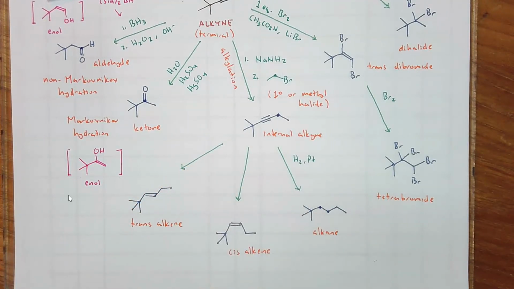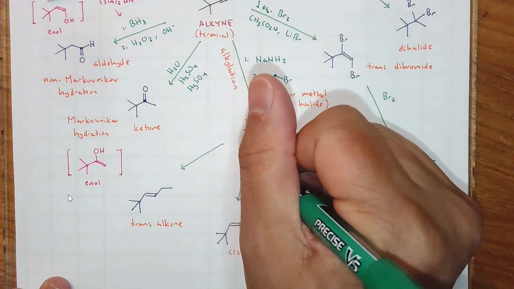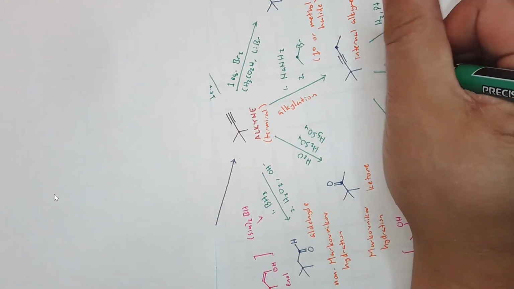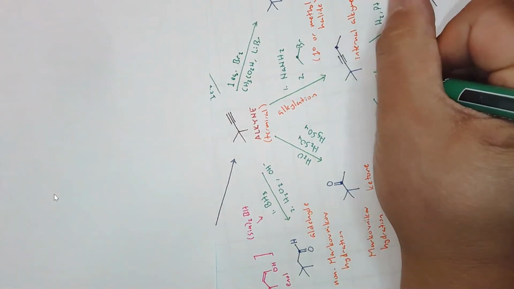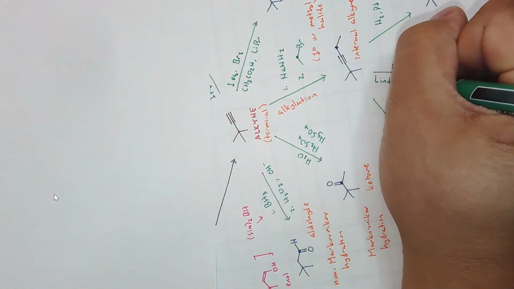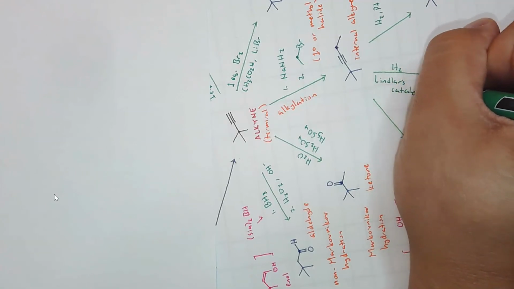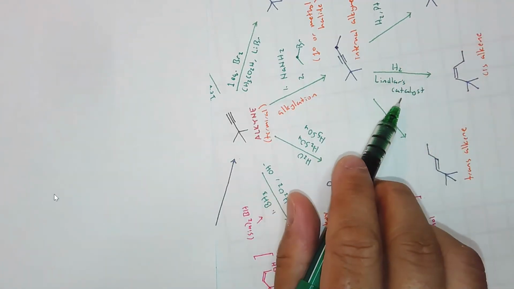The reagents for this cis alkene synthesis is very similar. I'm going to draw this one also sideways. We are using H2 gas again, and something called Lindlar's catalyst, or just Lindlar cat.